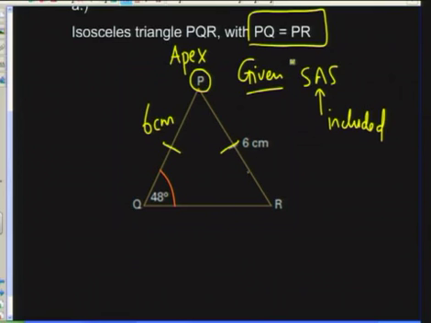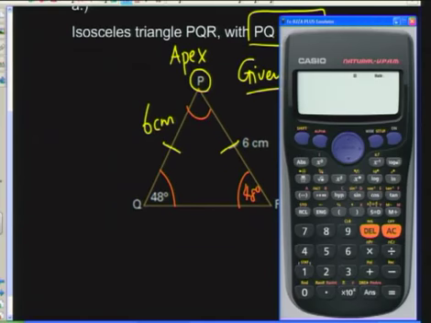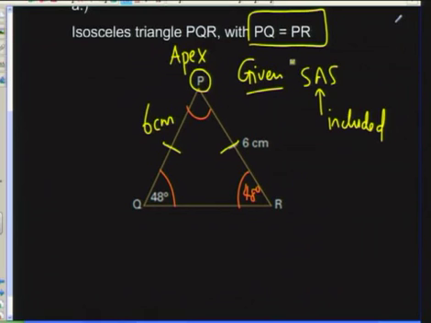And so this angle would be the same value, so that is 48 degrees. Therefore, by having 2 angles of the triangle, I can find the 3rd angle. We have 48 and 48 is 96, and we take it away from 180 because the angle sum in a triangle is 180. So that angle is actually 84. So we've got this angle as 84.